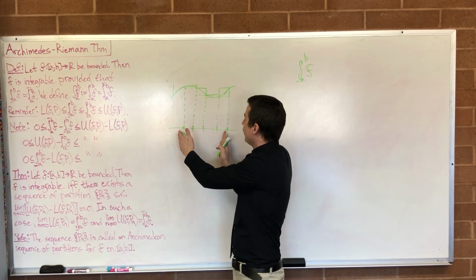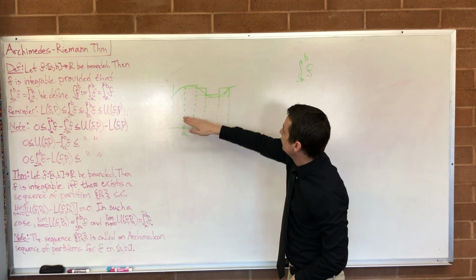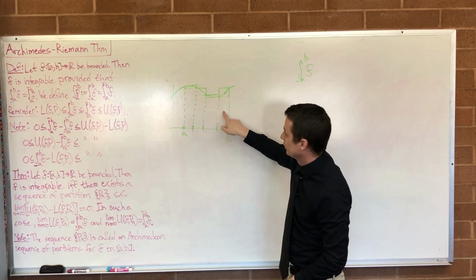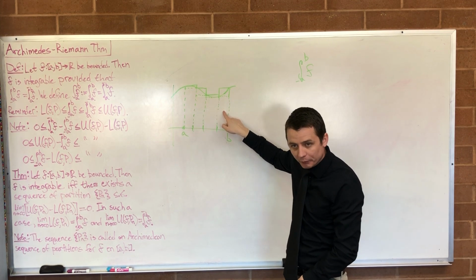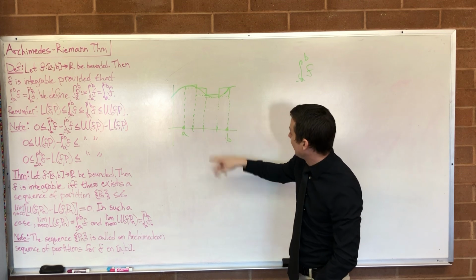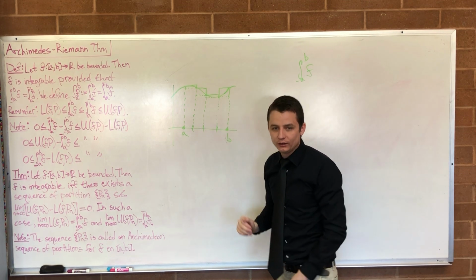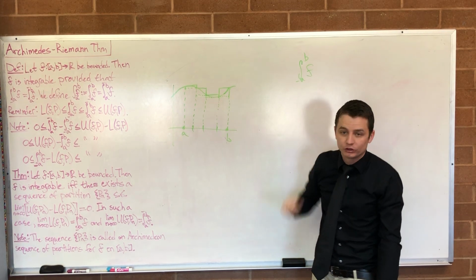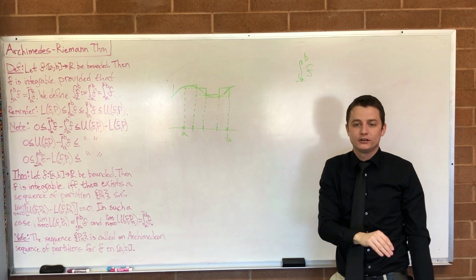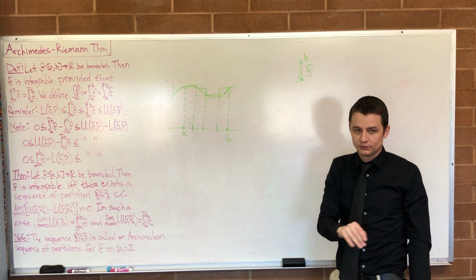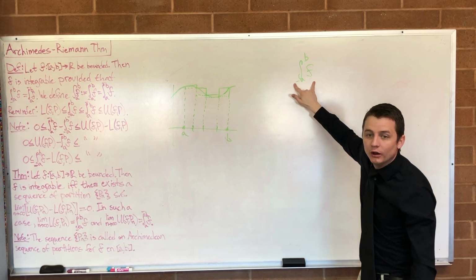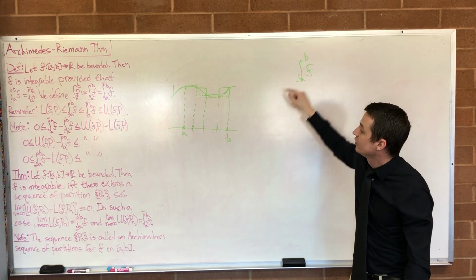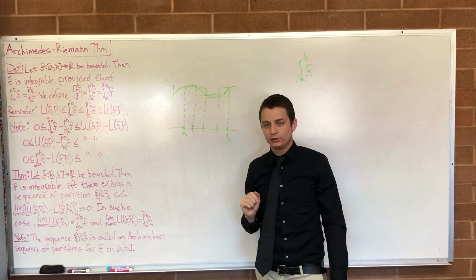I could have come up with a better partition that gave me a better approximation with my lower Darboux sum, right? If I would have added way more points in here, that would have been a much better approximation. And so I would have gotten closer to the actual integral, the actual area. This is the supremum. It's the least upper bound of every possible lower Darboux sum I can make.